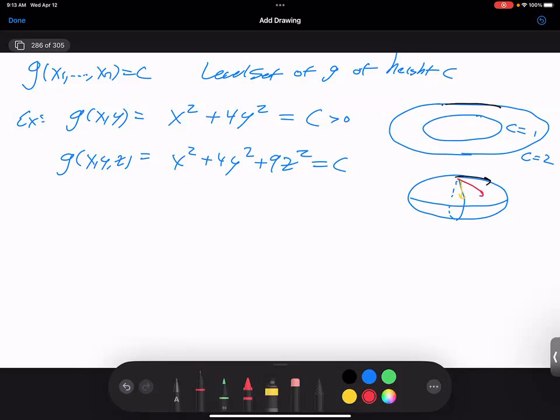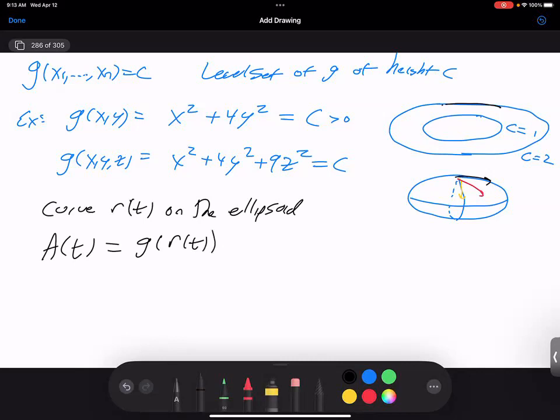So let's imagine some curve r of t on the ellipsoid. And so let's look at the function a of t is g of r of t. What is that function going to be if I stay on the ellipsoid of value c? What will g of r of t equal?